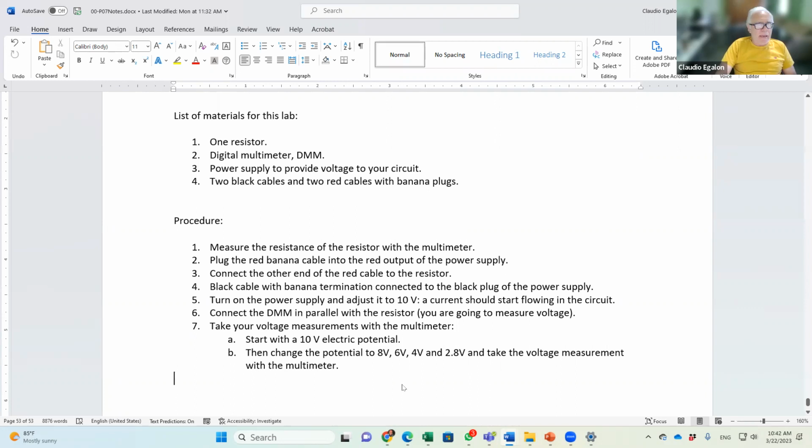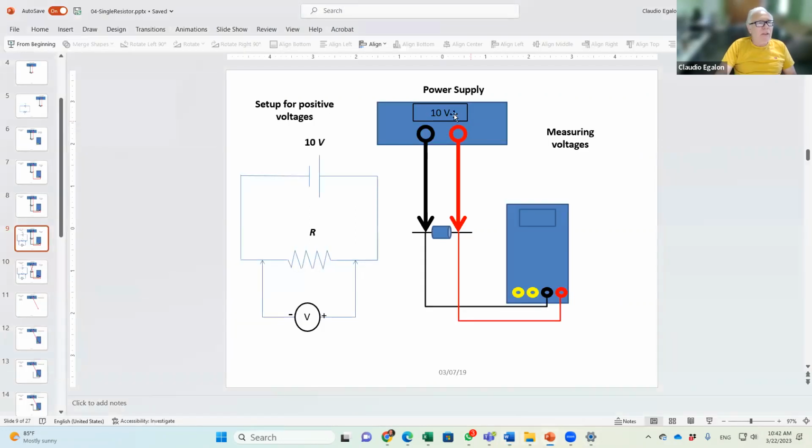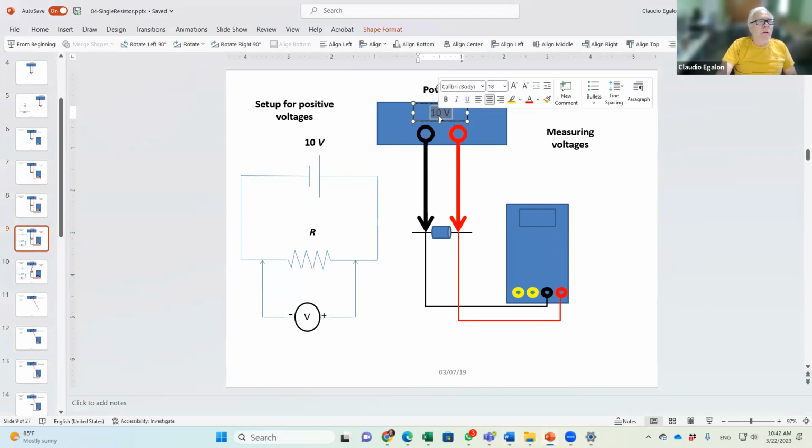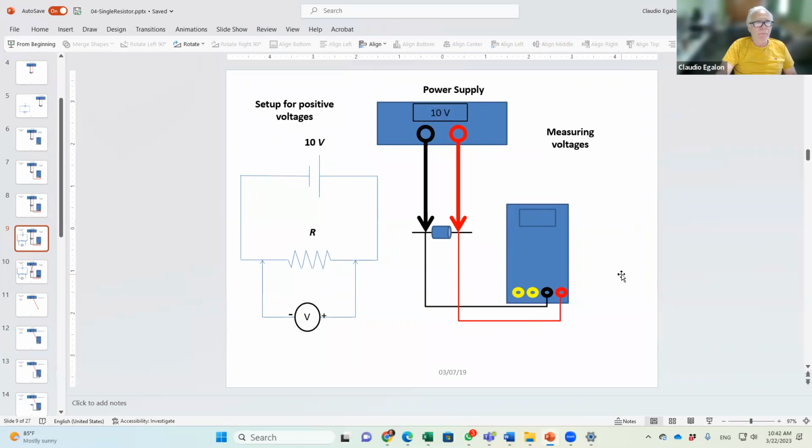So what are you doing here? We are changing the voltage right here in the power supply. We start at 10 volts, take a measurement with the multimeter. The multimeter is going to read close to 10 volts because you have a single resistor here. You change the power supply to 8 volts, and the multimeter is going to read 8 volts as well, at least close enough. 6 volts, 6 volts, 4 volts, 4 volts, and so on.